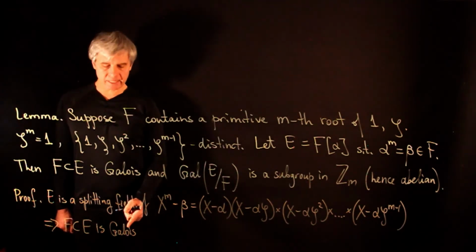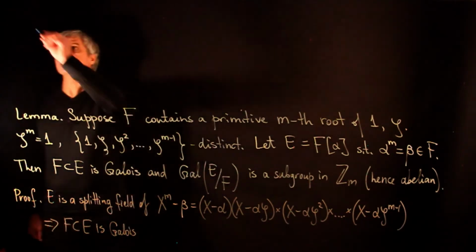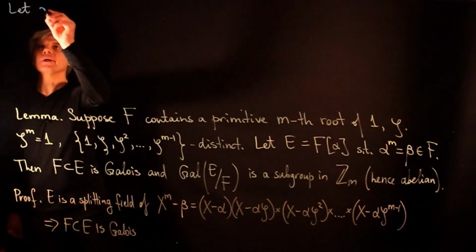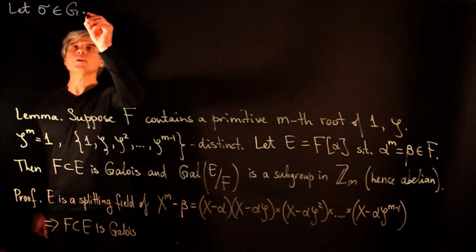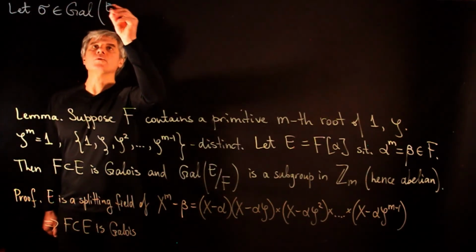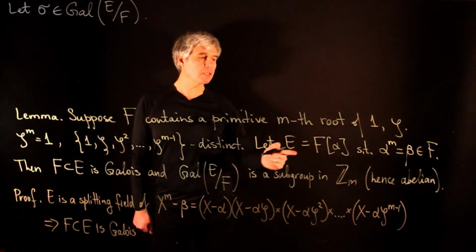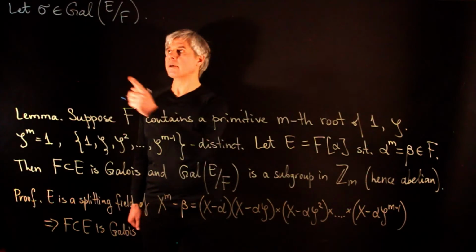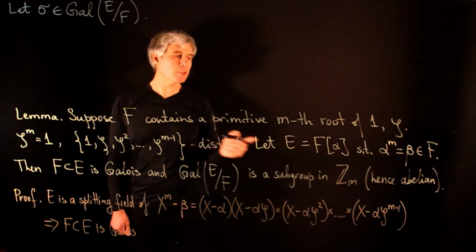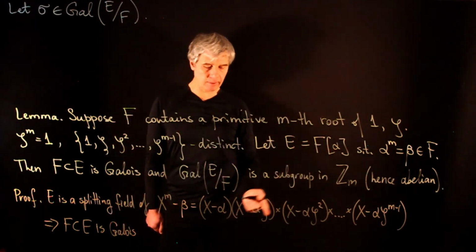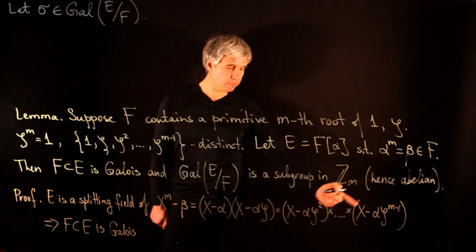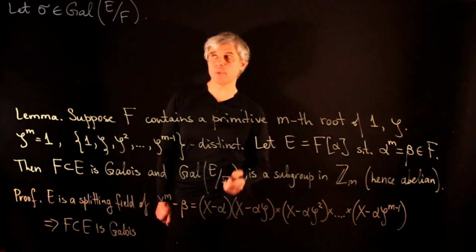Let us try to understand the structure of this Galois group. So let sigma be an element in the Galois group of E over F. Since E is generated by a single element alpha, this automorphism is determined by its value sigma of alpha. And this automorphism will permute the roots of this polynomial.